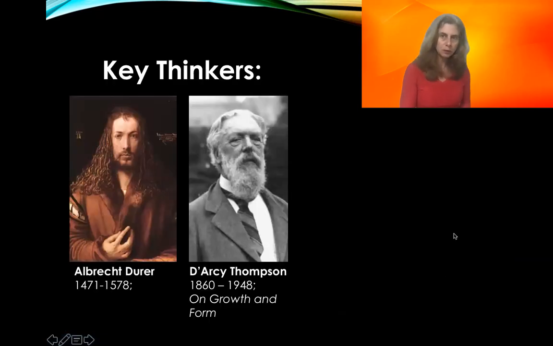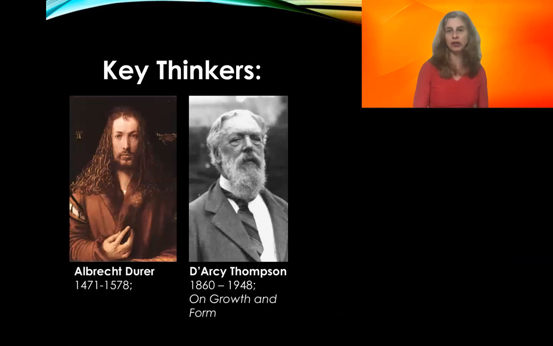Okay. So I want to start by introducing a couple of key thinkers who are important people for you to know. The first one is Albrecht Dürer, who is an important early Renaissance artist. He was working in Germany, and he did a lot of work tied in with perspective. He was also the first artist to do a self-portrait, which was very important at that time because it expressed the idea that you could have subjects for art that weren't the royalty or the religious icons of the time.